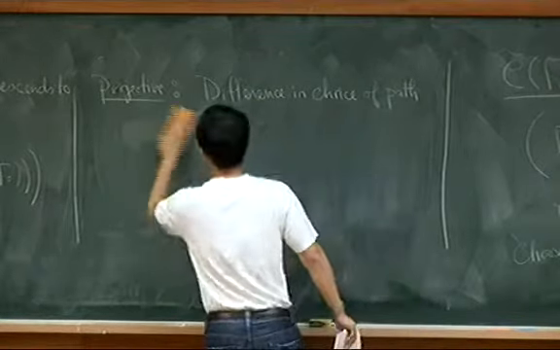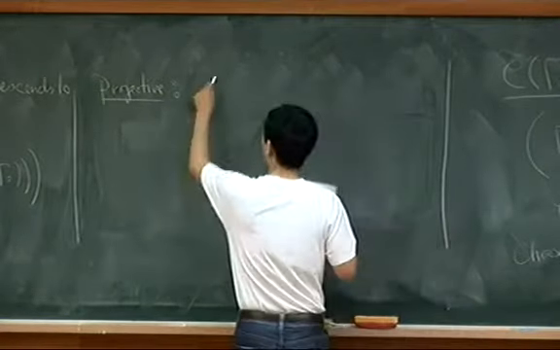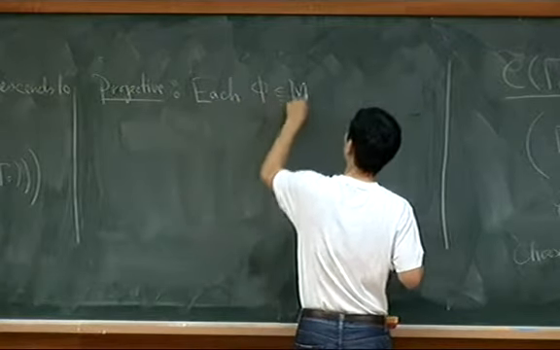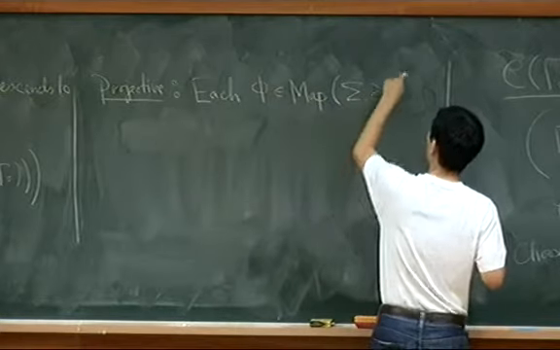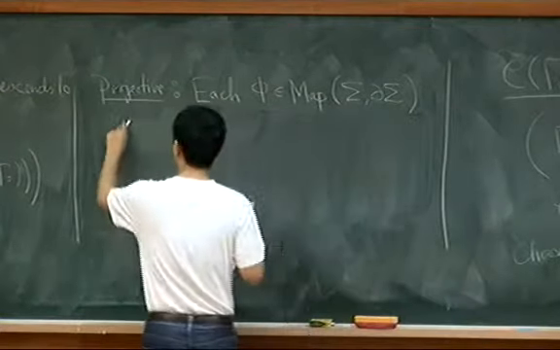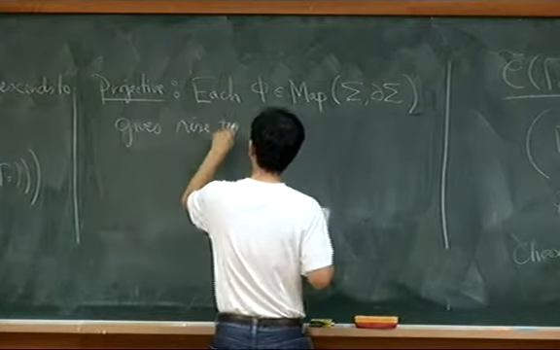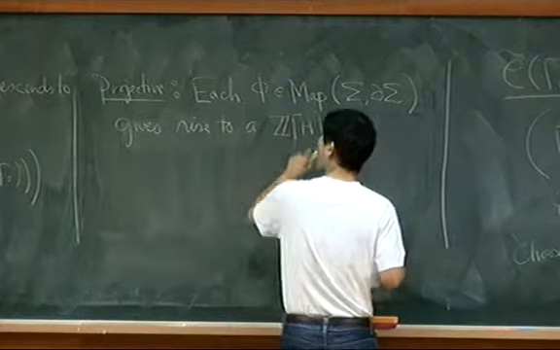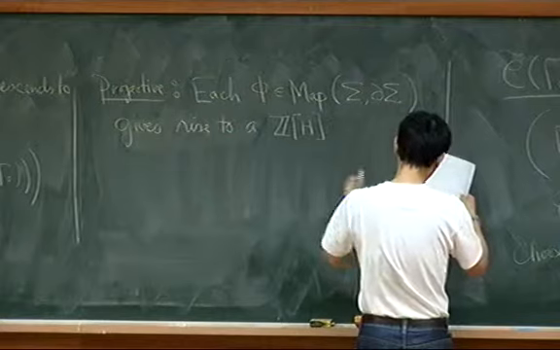Maybe I'll write this more carefully. So each phi in the mapping class group of sigma boundary sigma gives rise to a Z bracket H, right? This was the coefficient system. So a Z bracket H linear isomorphism.